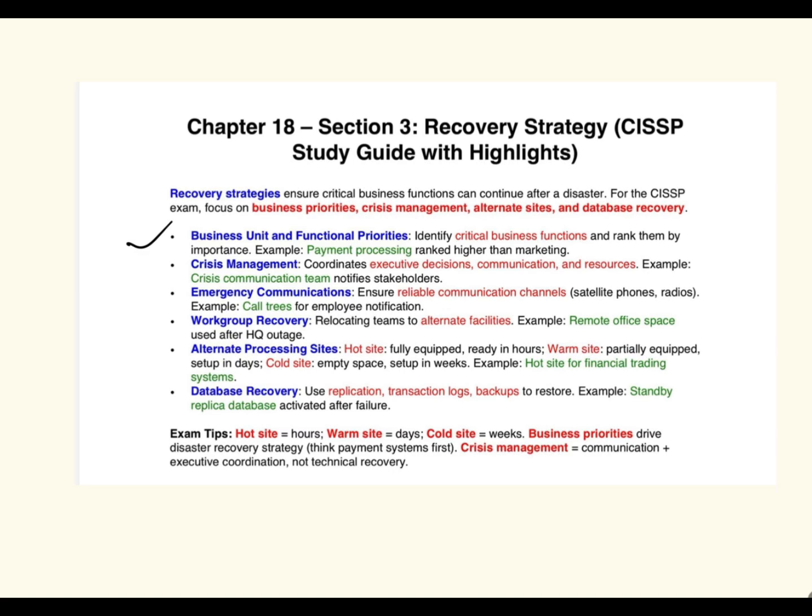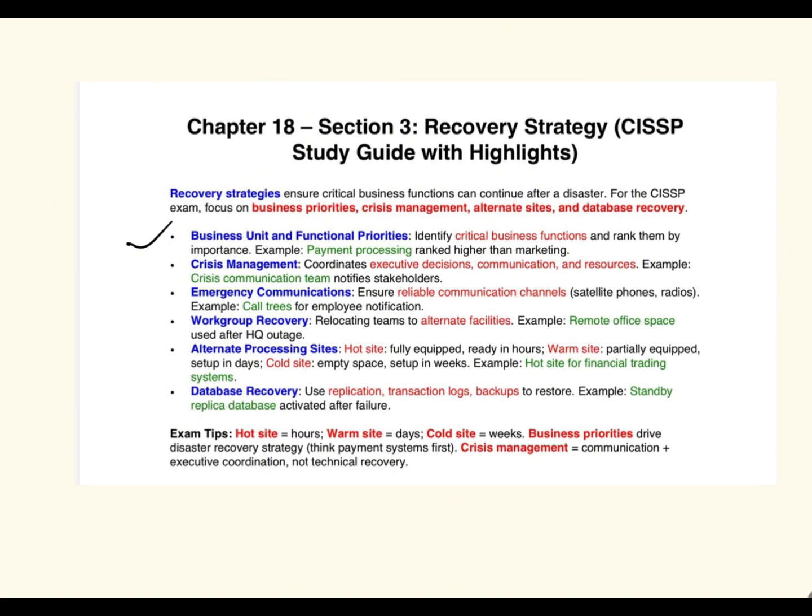It means if those business functions go down, then that might cause a big issue for the company. So it could be revenue, a company can lose revenue. So we need to identify those functions which are very critical for the company. If they go down, the company could have a big business impact.